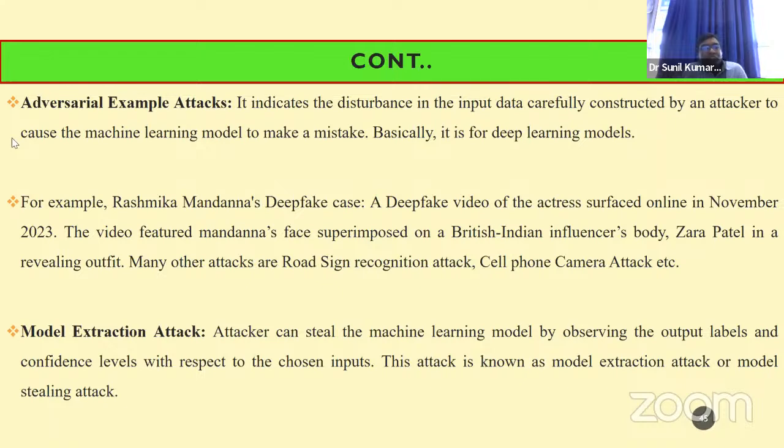If you remember the Rashmika Mandanna deep fake case, it happened in November 2023. A deep fake video was created by someone, with the face of Rashmika Mandanna, but the rest of the body belonged to Zara Patel, who was a British influencer.